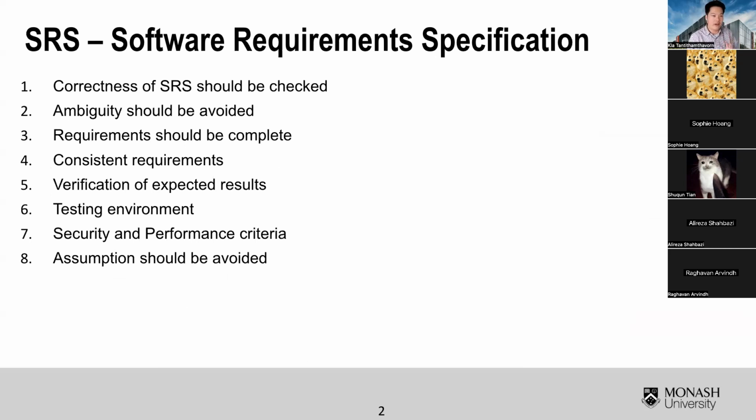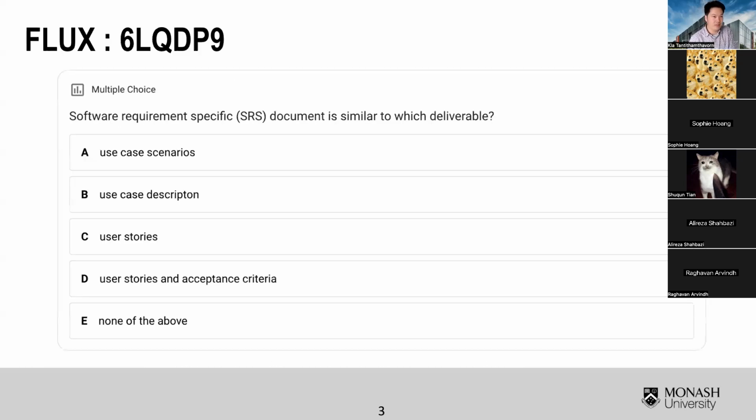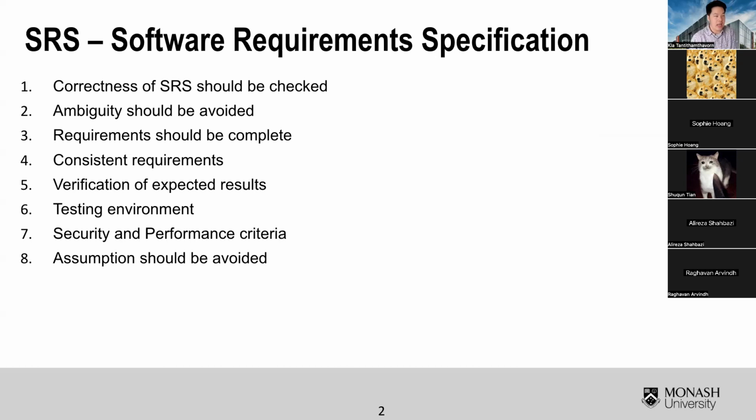Testing environment, criteria, everything should be taken into consideration. And we should avoid assumptions as much as possible. Think about blind people, right? Some color-blind people cannot see certain colors, so we should not assume that the end users are not blind at all.